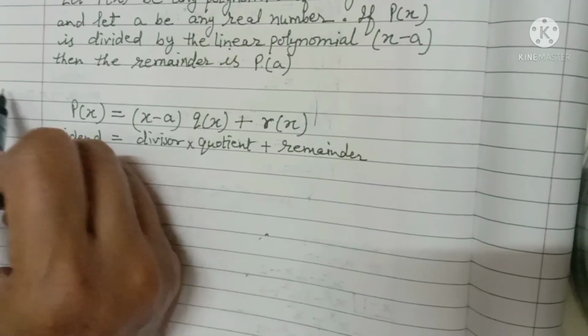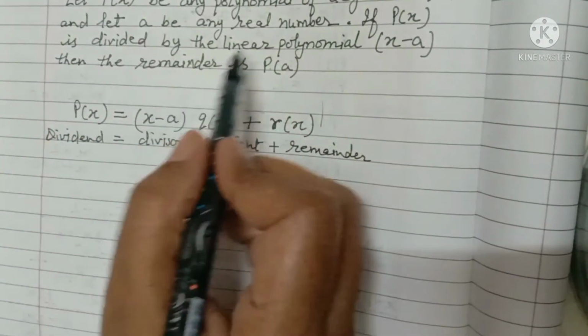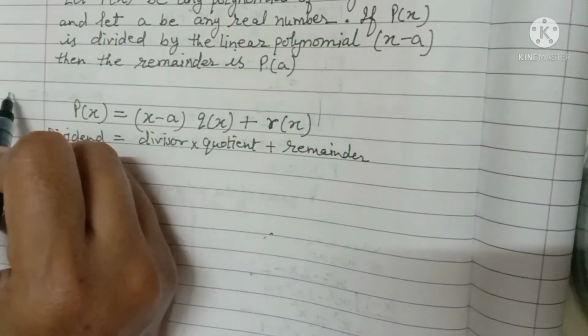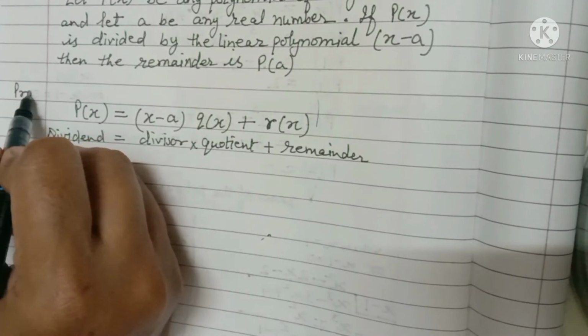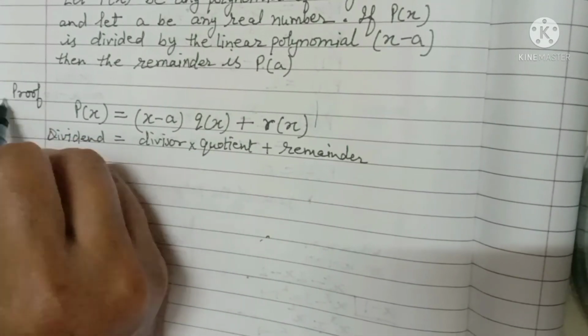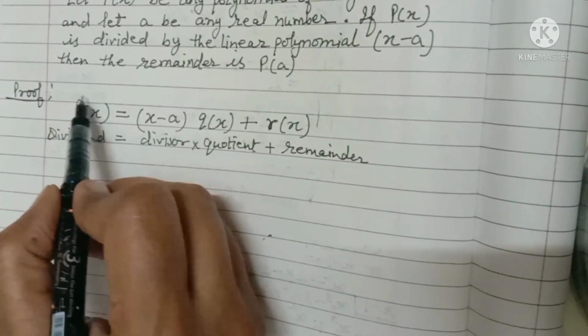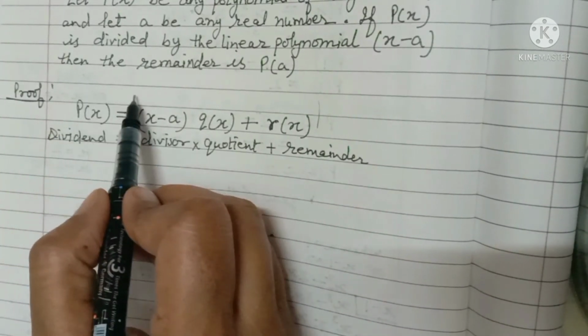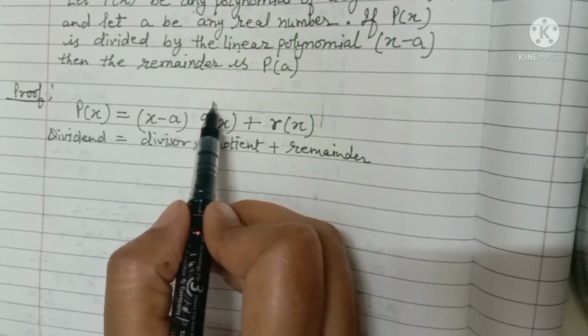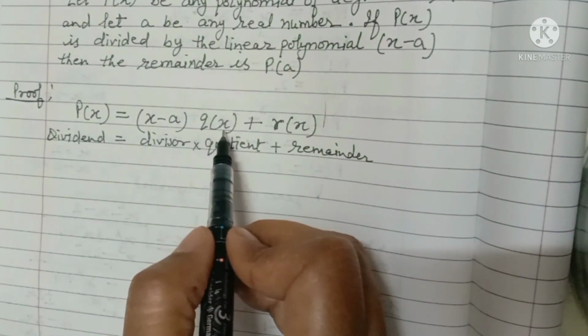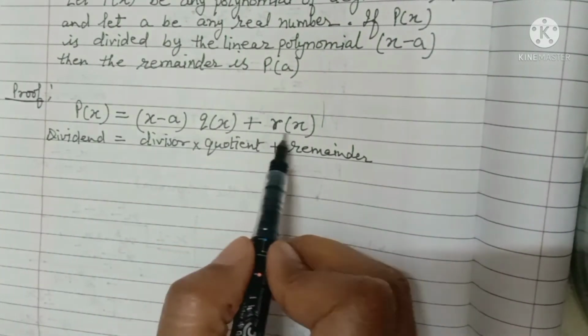We are starting the proof of this remainder theorem. So we are writing the proof, and you can write here: let P(x) be divided by x minus a, the quotient is Q(x) and the remainder is R(x).